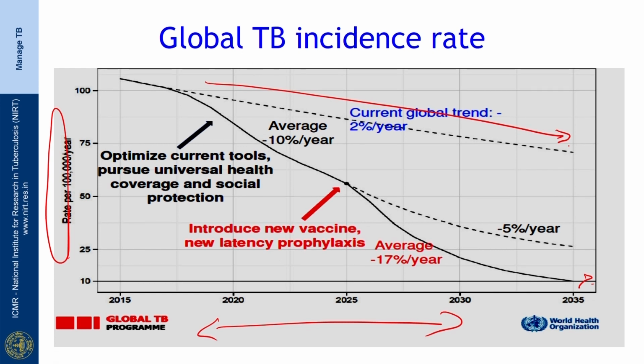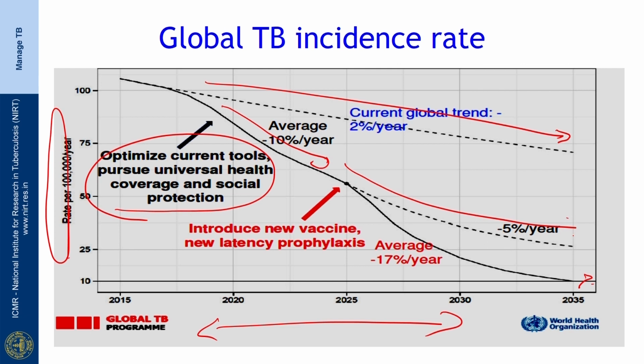By optimizing the current tools that we have, better diagnosis, more efficient treatment, pursuing universal health coverage and social protection, we can increase this decline to 10% per year, and even then by the year 2035 you are not going to achieve a 90% reduction; you may reach about 75% reduction.